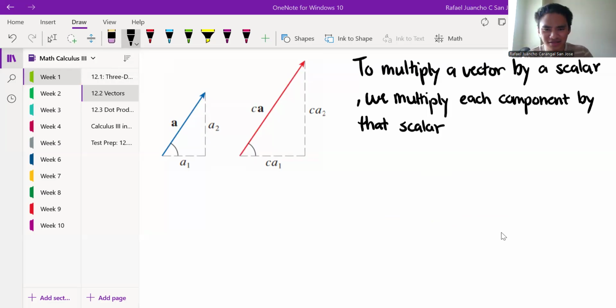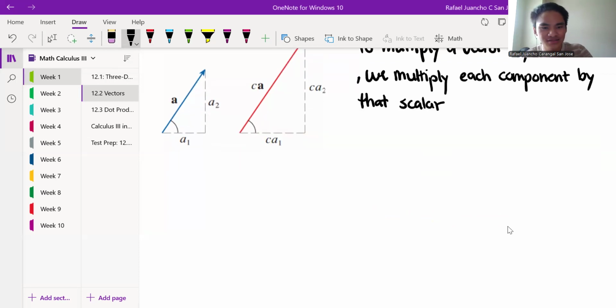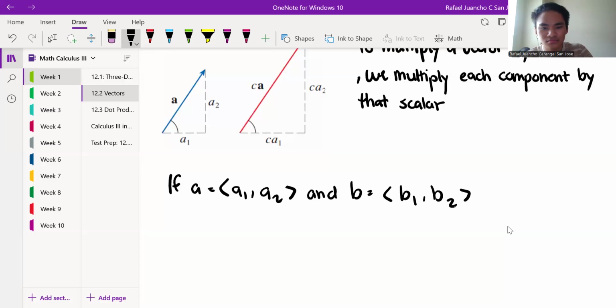Anyway. Okay, and then here we have, I'm just looking at it, I'm overwhelmed, but I'm gonna write it out. So we're saying if A is A1, A2, B is B1, B2, then A plus B is when we add them both.